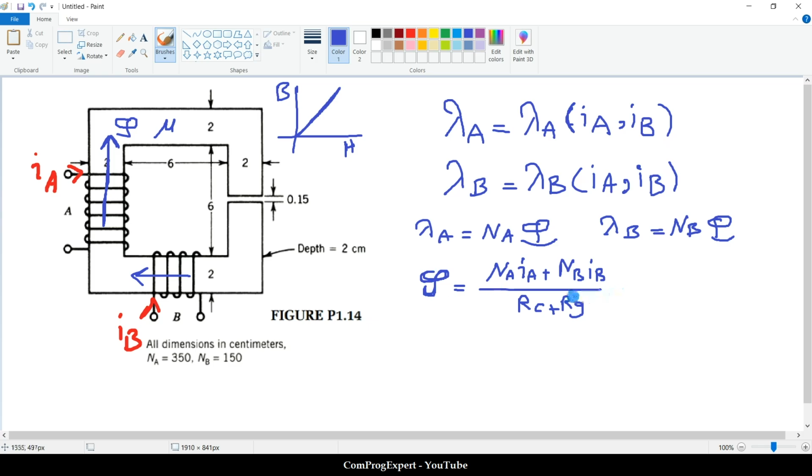And you know, if we multiply this equation by NA, we will have this equation.